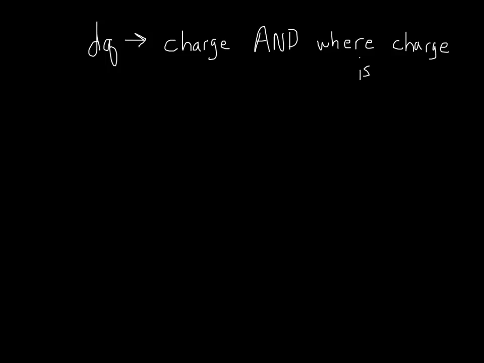In this sense, it's kind of similar to the moment of inertia that we talked about in Physics 1, where we had mass and where the mass was. dq tells us charge and where the charge is.